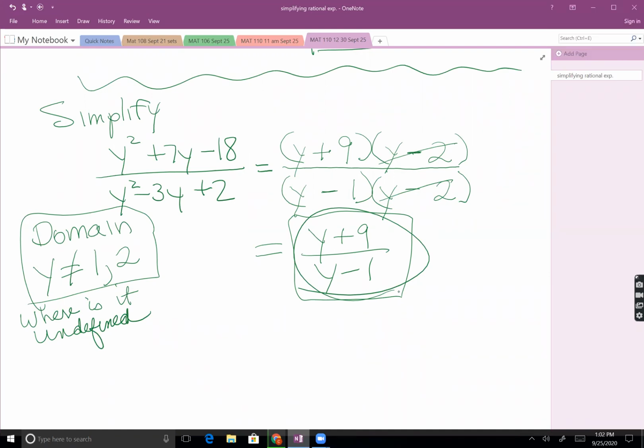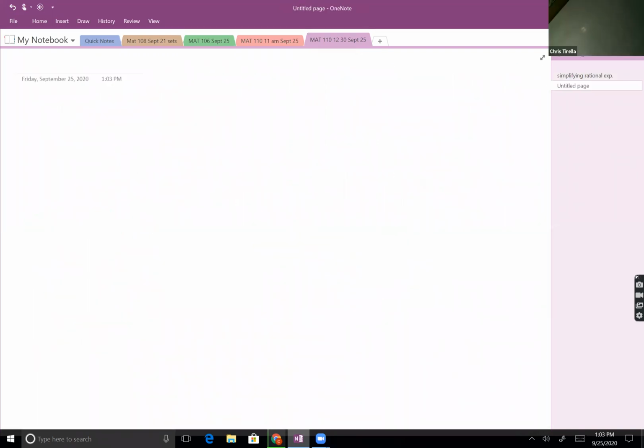If simplifying's all right, then the next thing that we're going to do is multiply rational expressions.